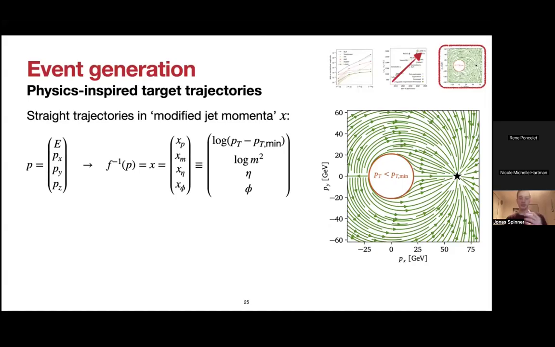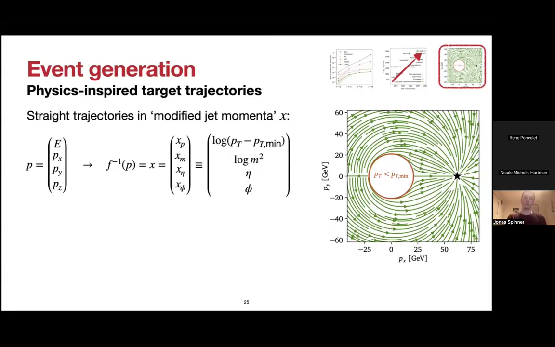And the advantage of this x parameterization is that it automatically takes phase space constraints into account. On the right, you see in the px-py plane how the straight trajectories in these x coordinates look like. And what you see is there's this forbidden region if your transverse momentum is below a certain value. That's just because of how the jet algorithm works. And you see that the trajectories nicely go around this hole.